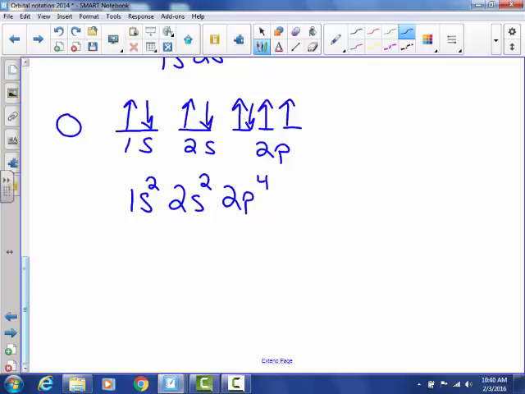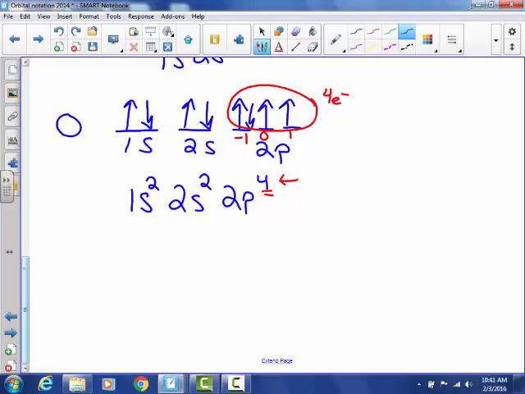And again, right here, that little 4 only concerns itself with these 4 electrons. And the nice thing is I don't care where they're at. I just care that there are 4 of them right there. I don't care that they're in the -1, 0, and 1 room anymore. We just care that there's 4 of them.